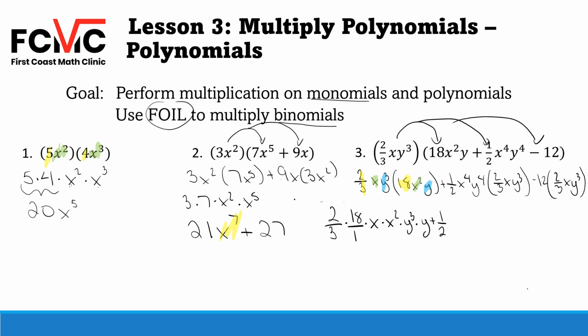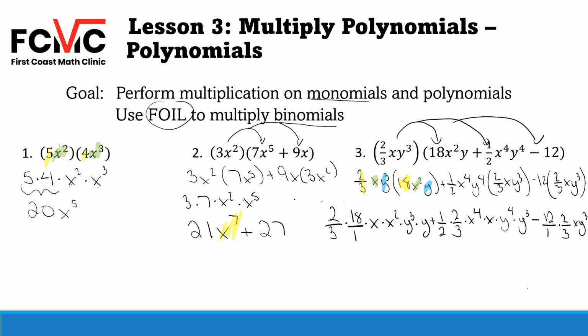And now 1/2 times 2/3, and then x to the fourth times x, and y to the fourth times y to the third. And here we just have minus 12, so I'll put that over 1 times 2/3 x y to the third.